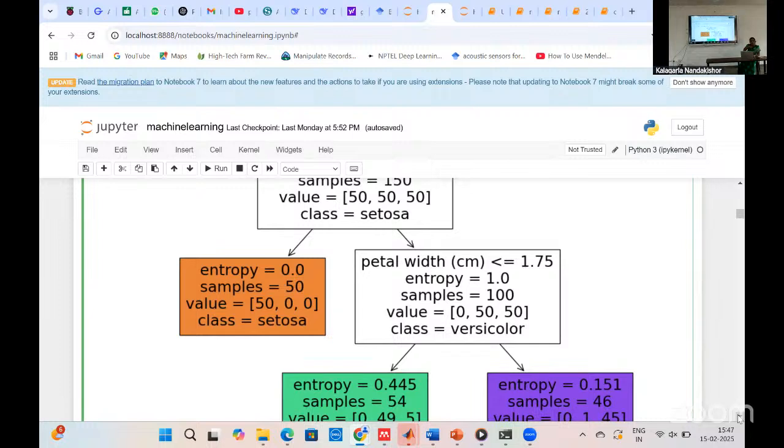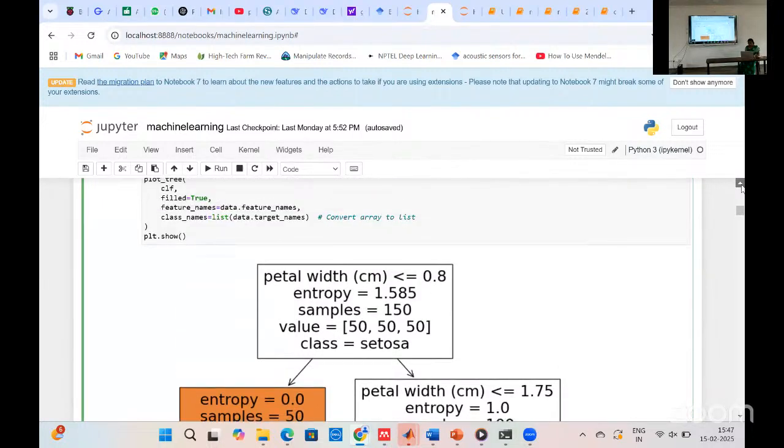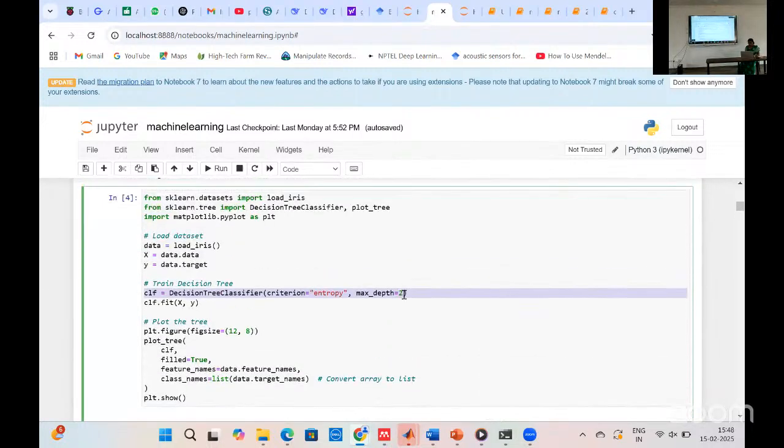If I want more extension, can I do or not? Let's see whether it can be done or not. I am changing to 3. I want 3 levels of child nodes.